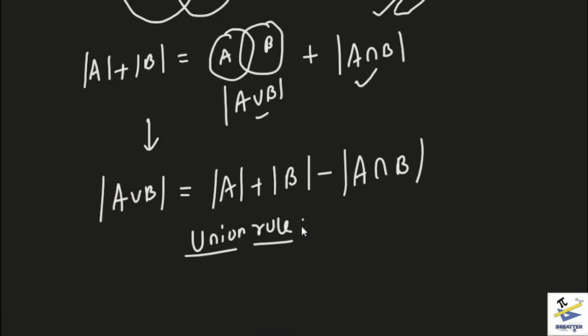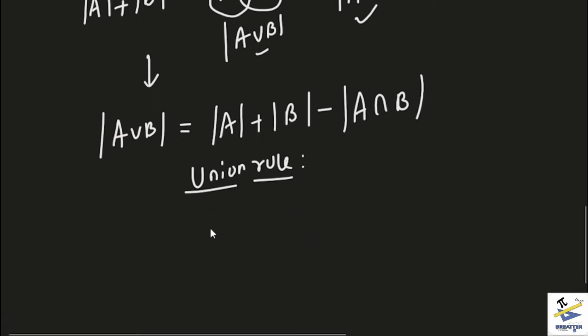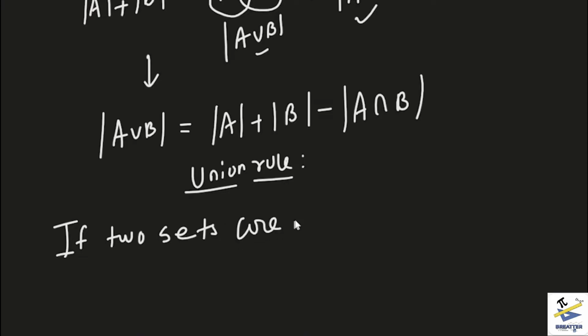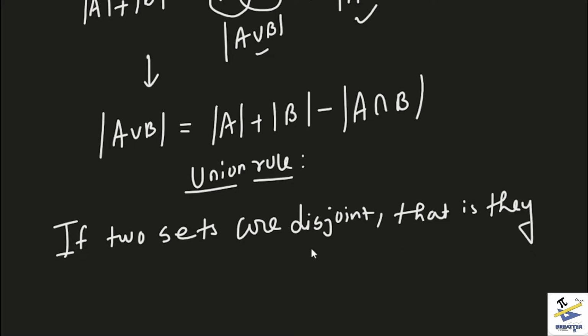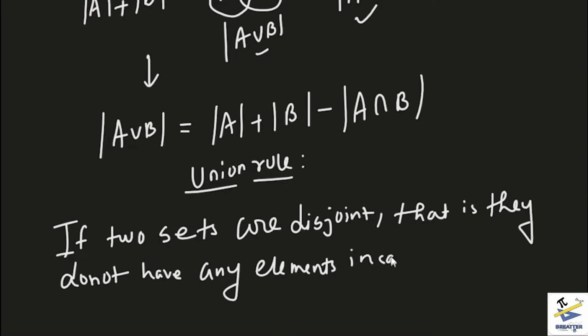Okay, more naturally, if two sets are disjoint, that is, they do not have any elements in common, which means basically their intersection should be 0.